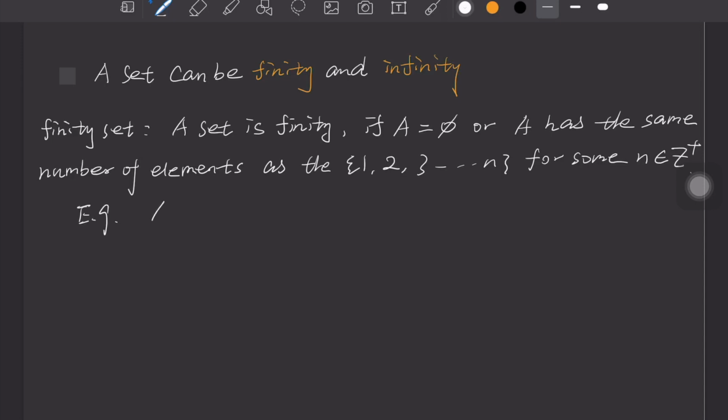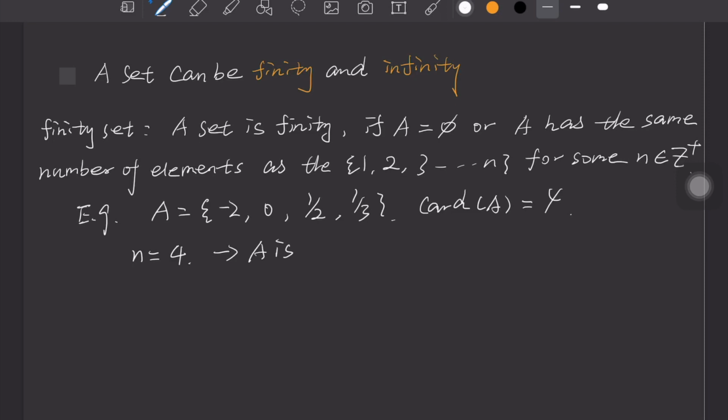For example, if a set A has elements -2, 0, 1 over 2, 1 over 3, then card A is 4. So in this case, n equals 4. It's enough to show A is a finite set.